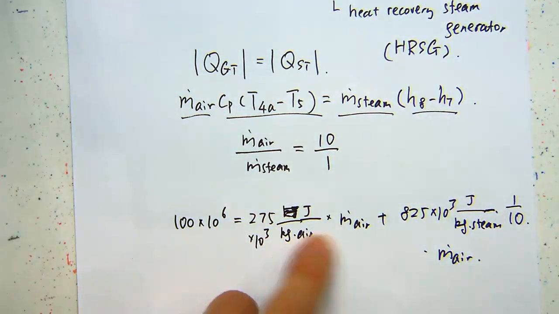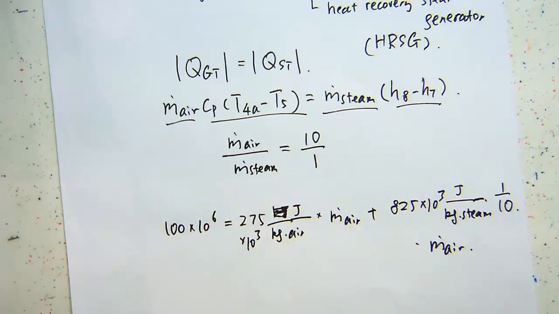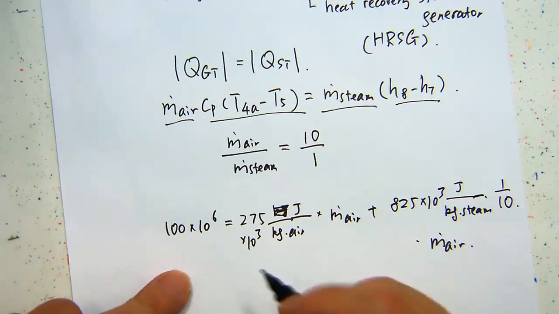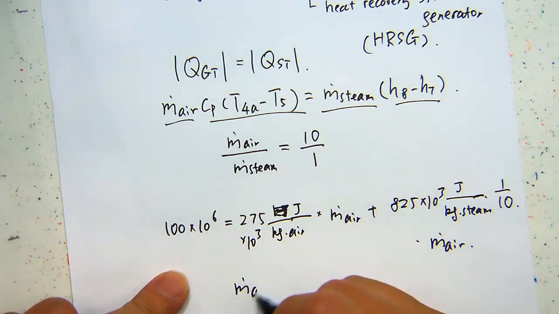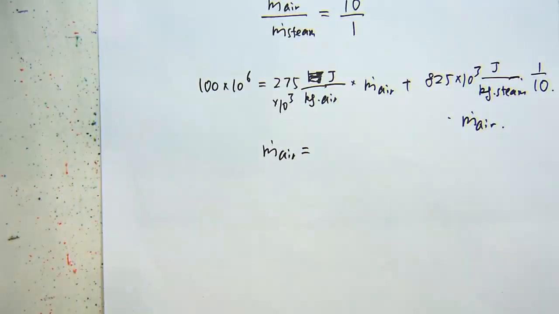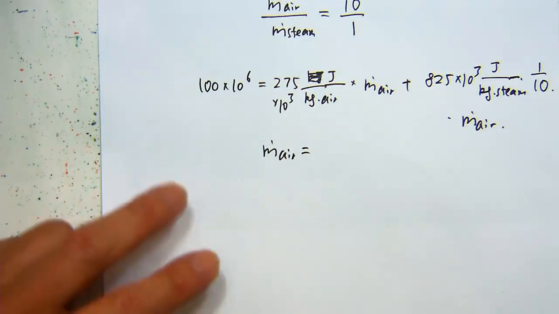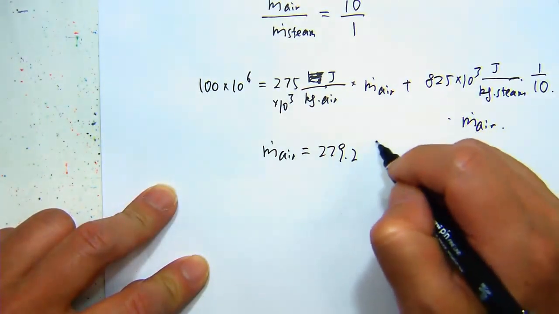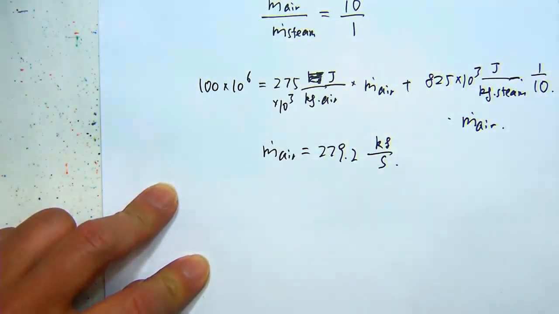So basically the idea is you cannot add the two work terms together. The steam term needs to be converted or discounted so that it is equivalent to the gas turbine work. All right. So then we can find the mass flow rate of air, which is 279.2 kilogram per second.